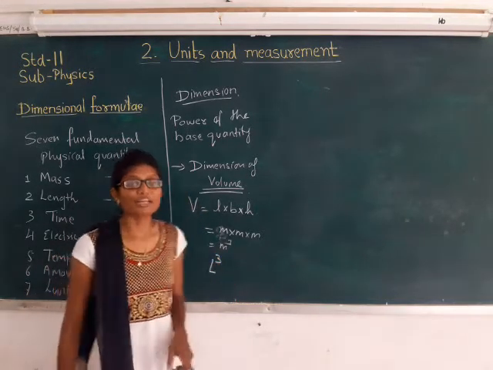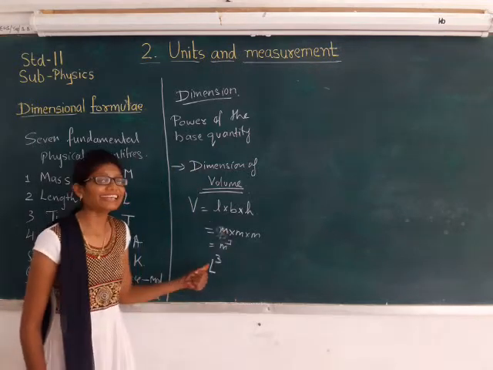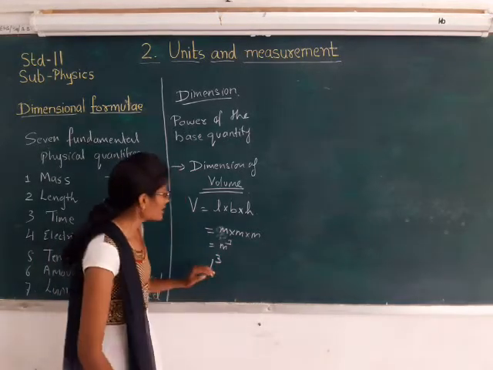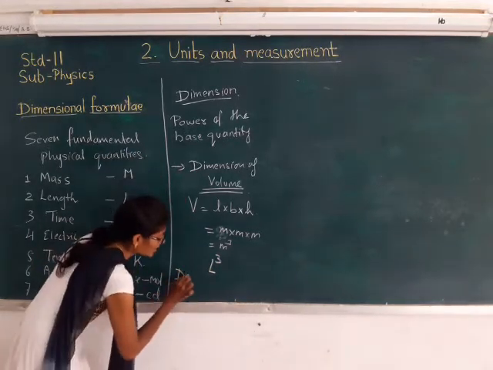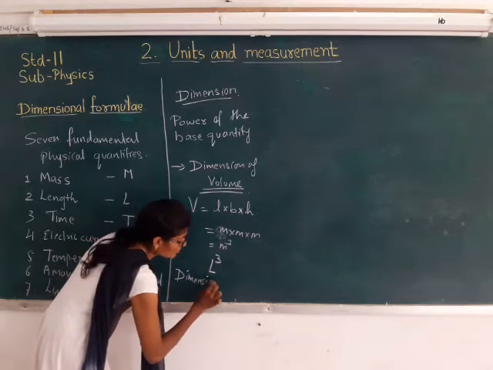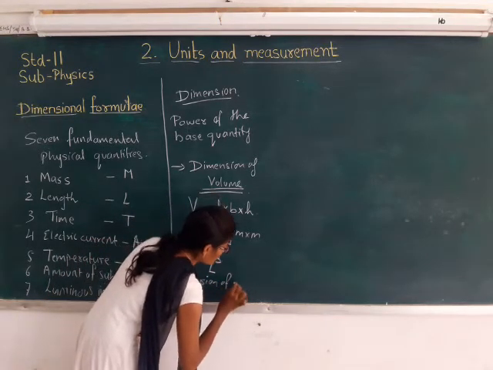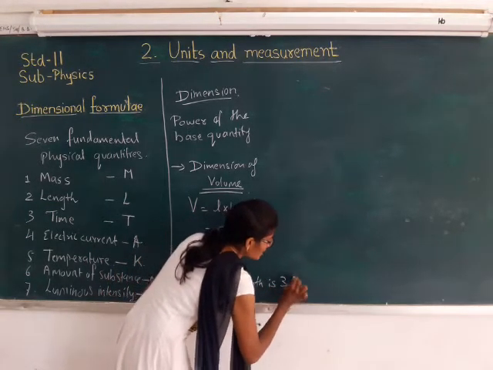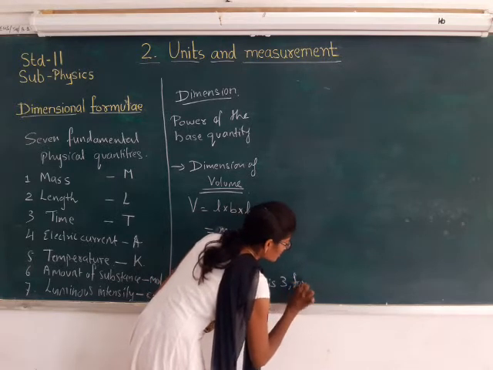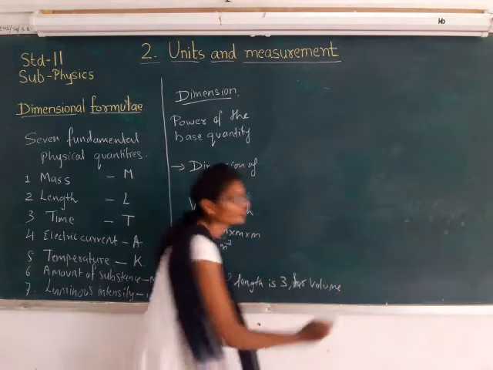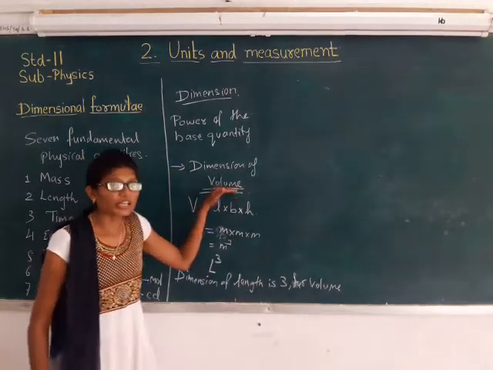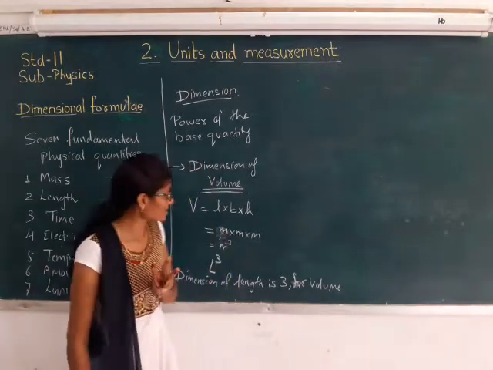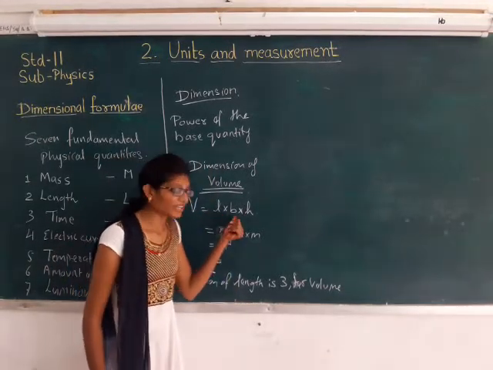So here 3 is what? It is the power of the base quantity length, right? So this power is considered as the dimension. Here we can write that the dimension of length is 3 for the physical quantity volume, because the physical quantity volume can be represented with 3 fundamental physical quantities, that is length into breadth into height.